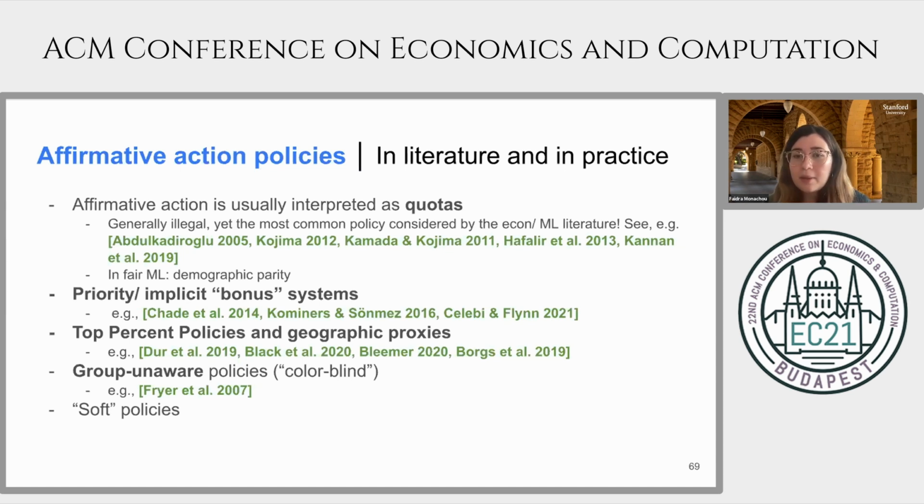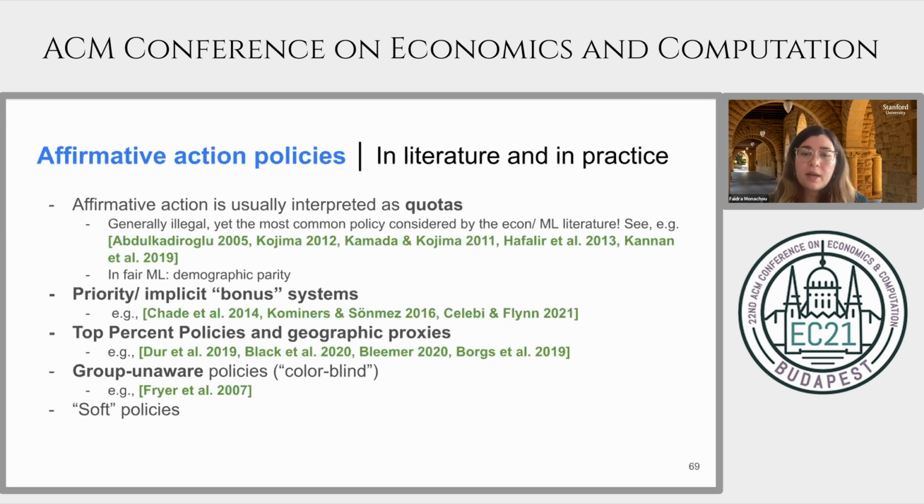But there is a big problem. The problem is that they're generally illegal. And the same holds for priority or bonus systems, which are also considered and can be illegal as well. So for this reason, policy designers in practice have implemented other systems of affirmative action.